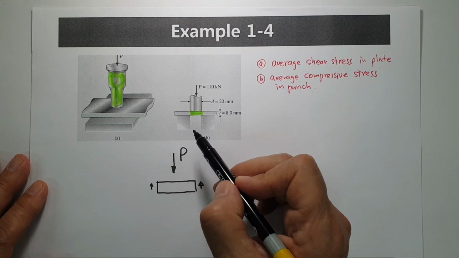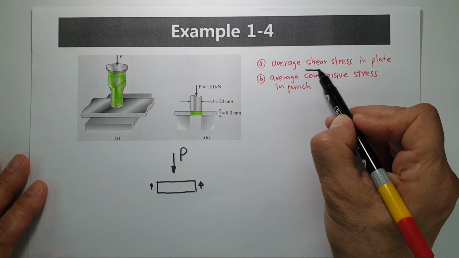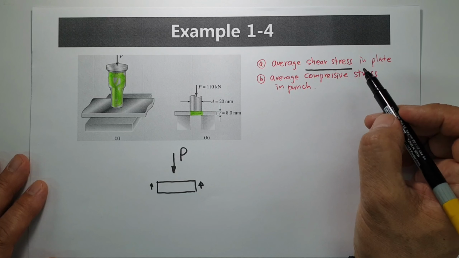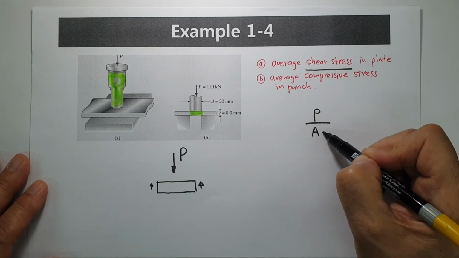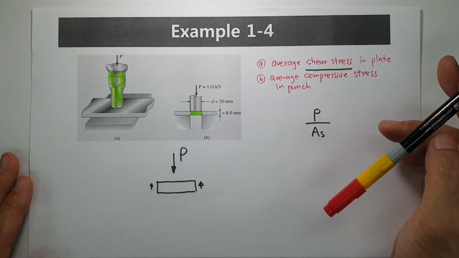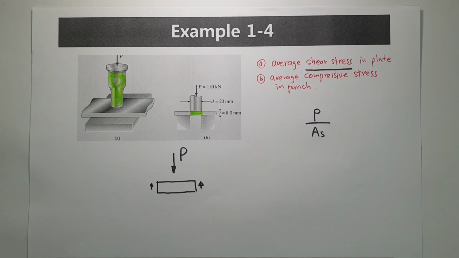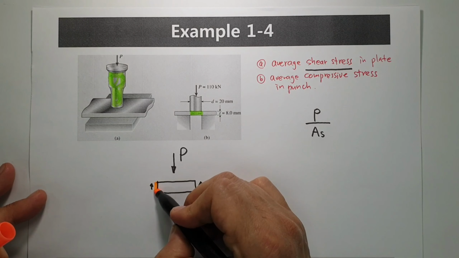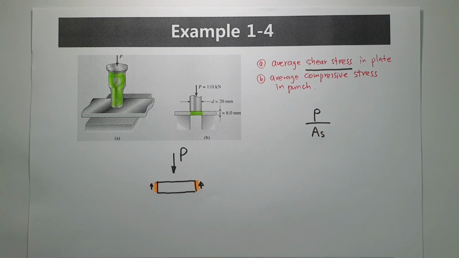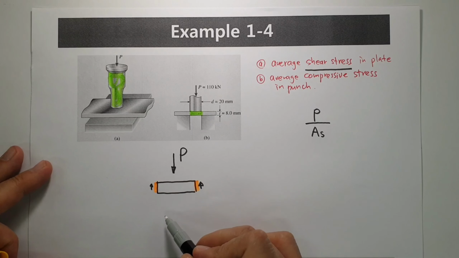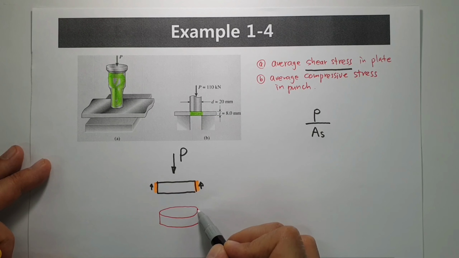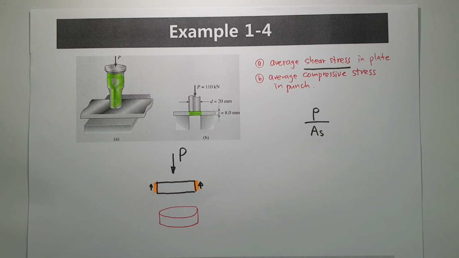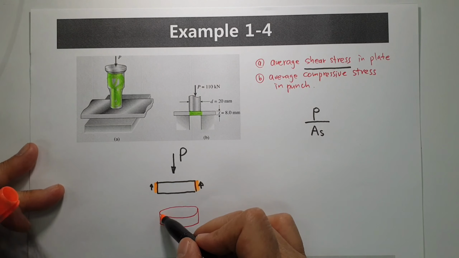Okay, actually shear stress is given by some forces divided by shear area S. Actually, shear area can be like this one. This area is shear area. When you draw it again, it can be like this one.